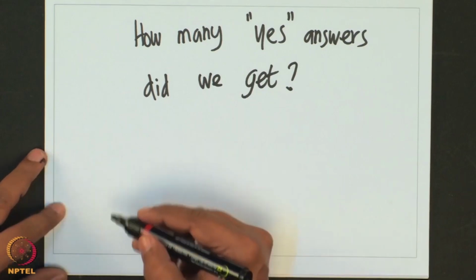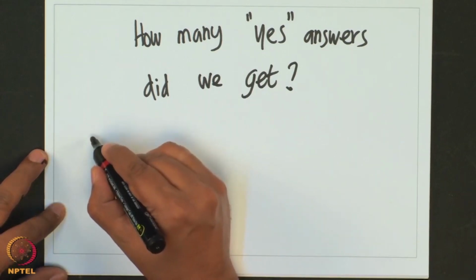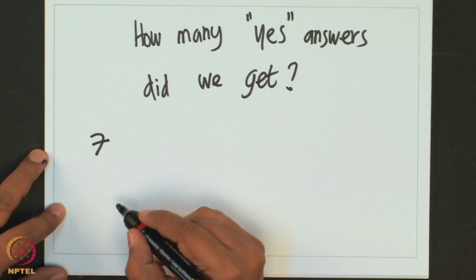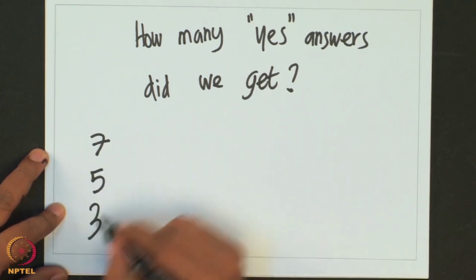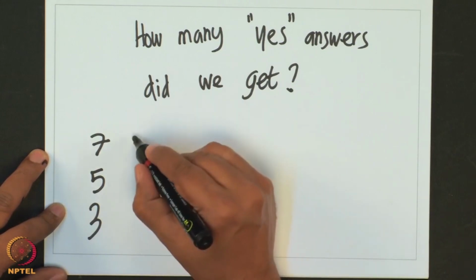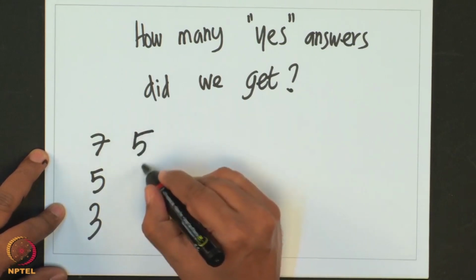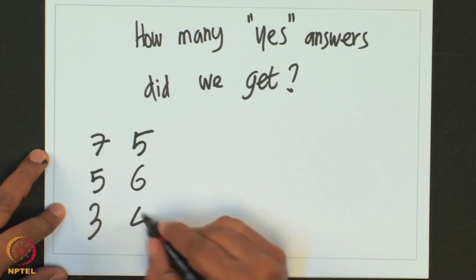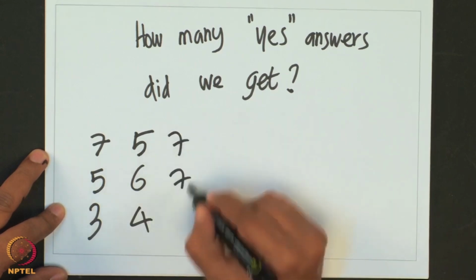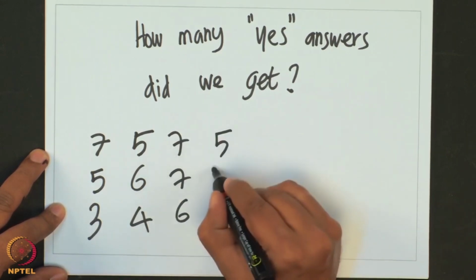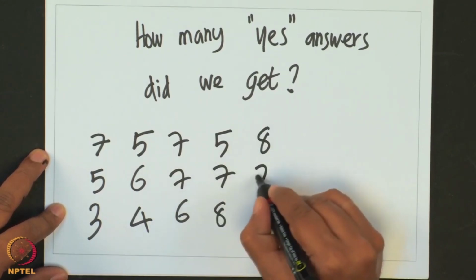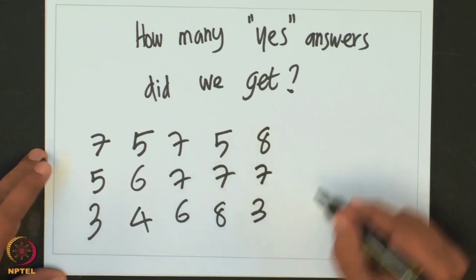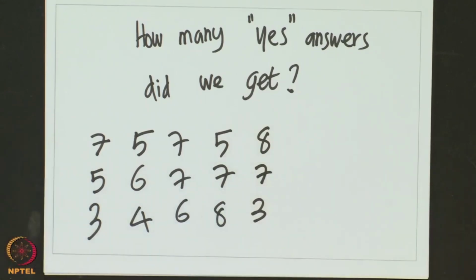So maybe the first time when you did the experiment, out of 10, 7 out of 10 we got yes answers. Next time maybe 5, another time 3, you repeated the experiment, you got 5, you again repeated the experiment 6, 4, 7, 7, 6, 5, 7, 8, 8, 7, 3, and so on. You could get many values.